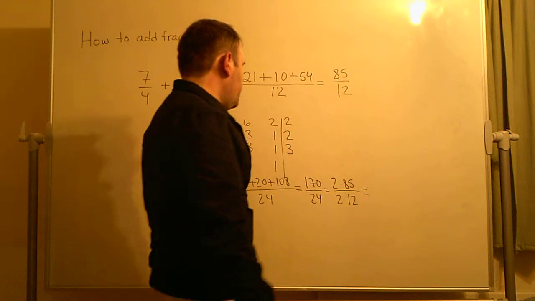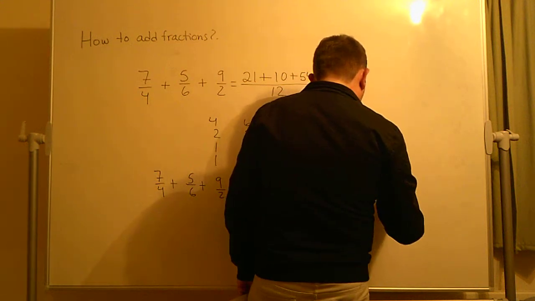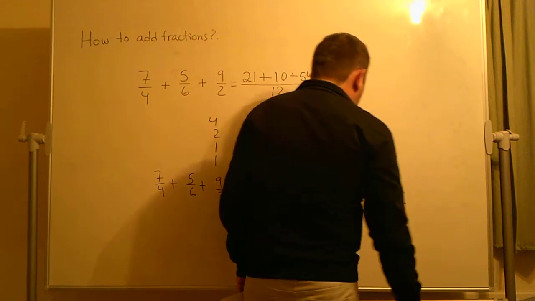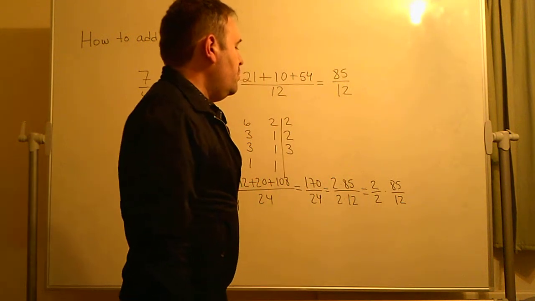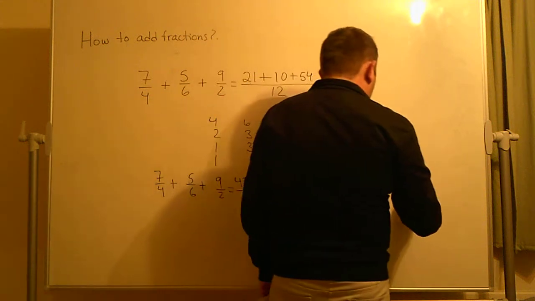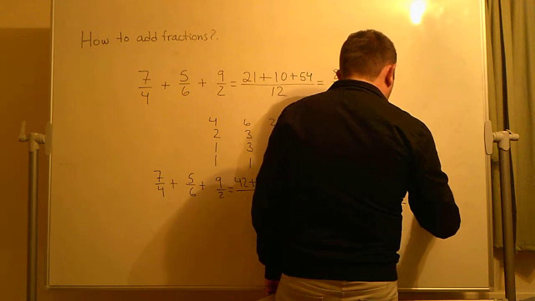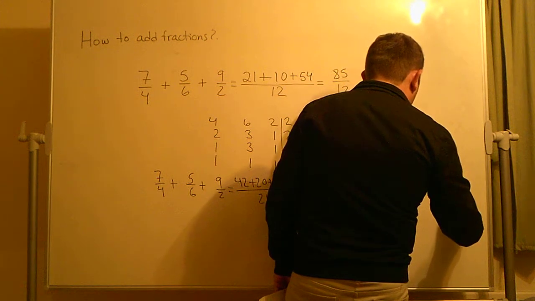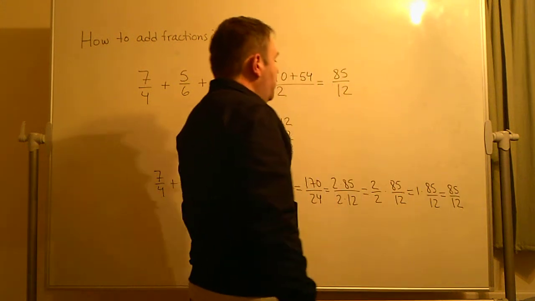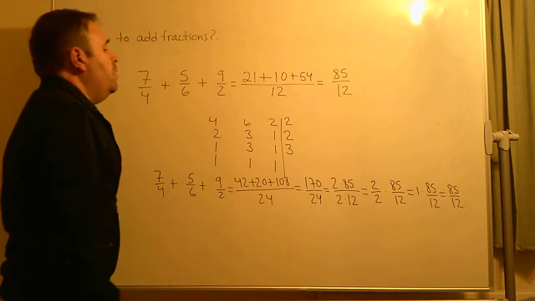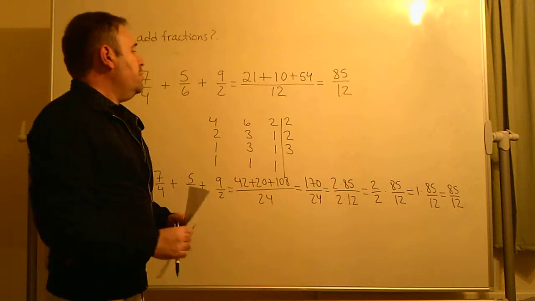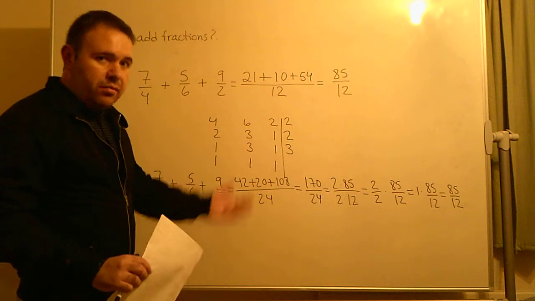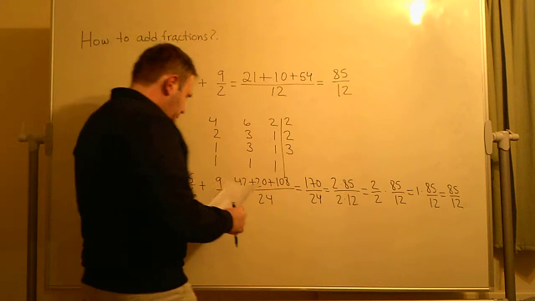So we can split this fraction up into 2. And then we would have that 2 halves is 1 times 85 divided by 12, which would be 85 divided by 12, which is the same result. So once again, we can see that we can use different denominators and we still get the same result. Okay?